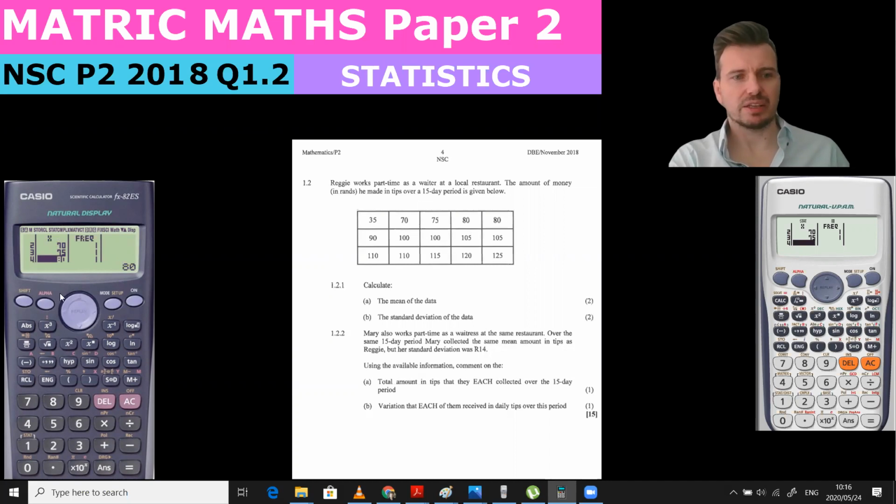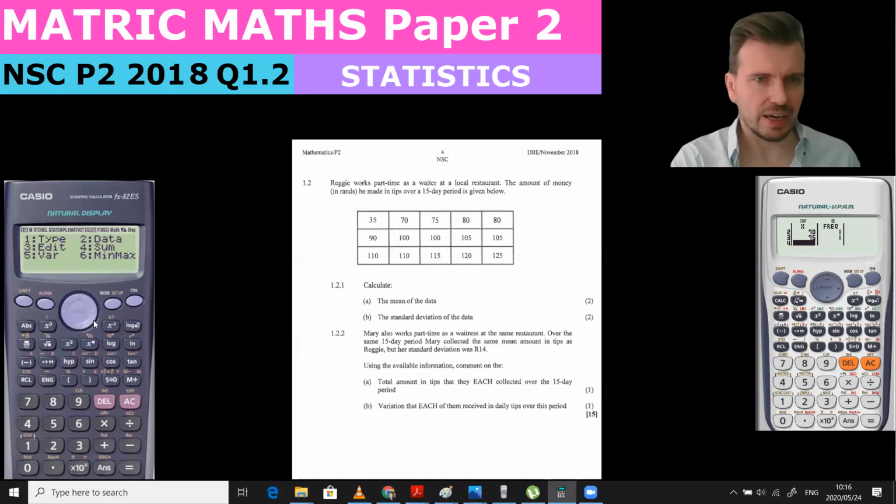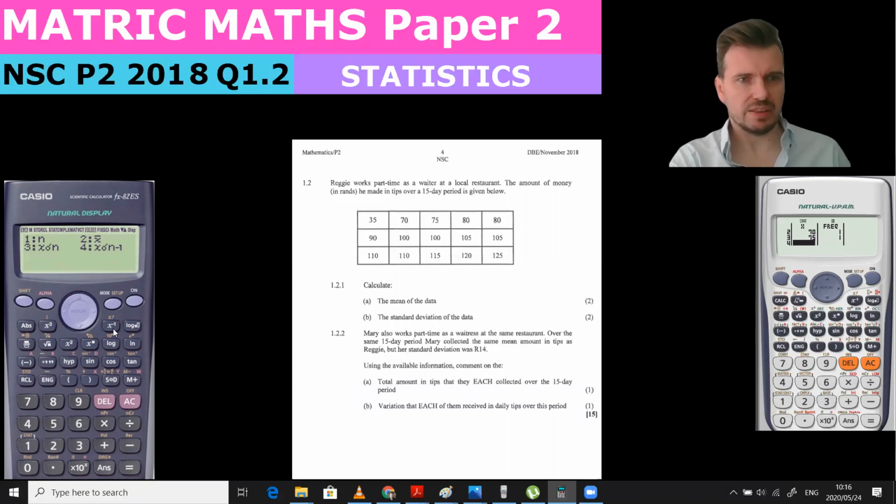So now I can get my mean, and it's all in the calculator now stored. So I can say Shift and number 1, and I would do that the same on the silver calculator. And I'm looking for my VAR, my variables. So I can find that here, number 5, and then x̄ is the mean.